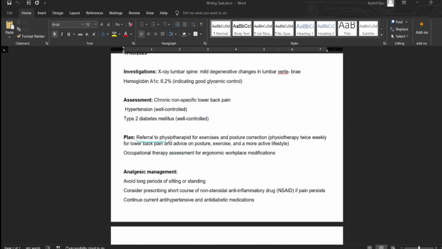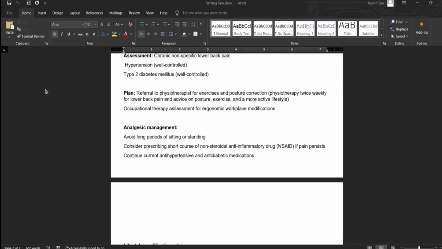Your plan is to refer to a physiotherapist for exercises and posture correction, physiotherapy twice weekly for lower back pain, and advice on posture, exercise, and a more active lifestyle. Occupational therapy assessment for ergonomic workplace modifications. Now, what is the analgesic management? Avoid long periods of sitting or standing.